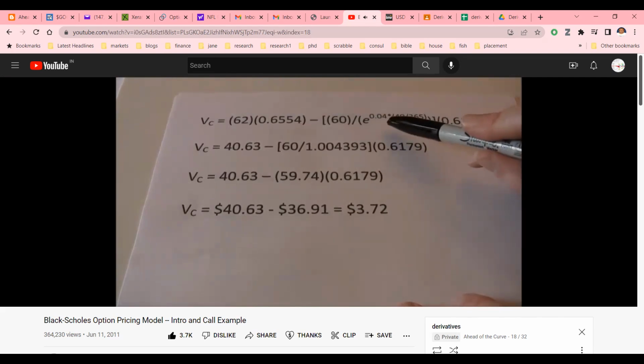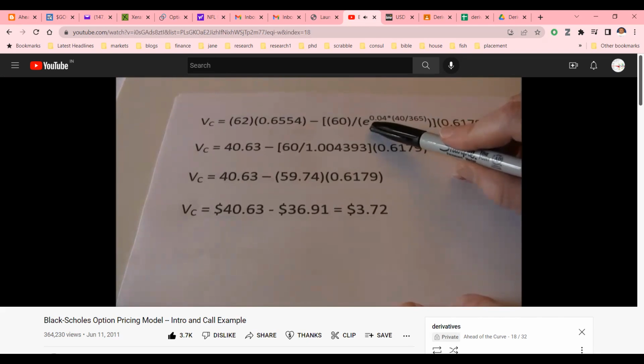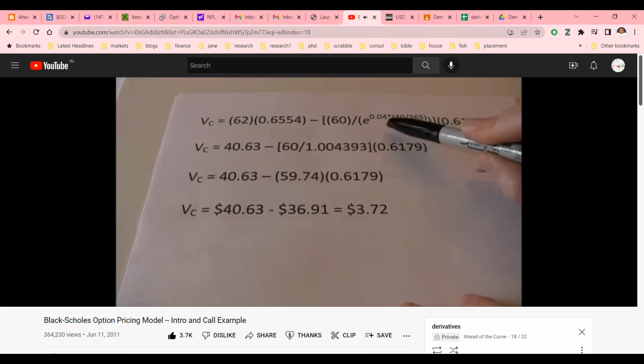To get the present value, we take the risk-free rate times time, press the E button on your calculator. It's referred to as the exponential. Should be a little italicized E somewhere on your calculator, or something like E to the X. So figure out what X is, and then press your E to the X button. And then we multiply by ND2.